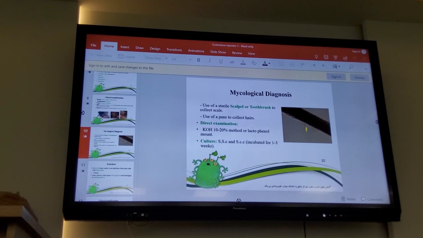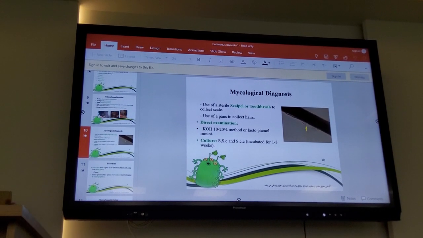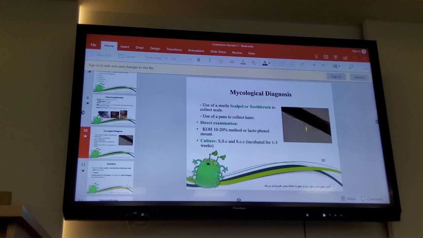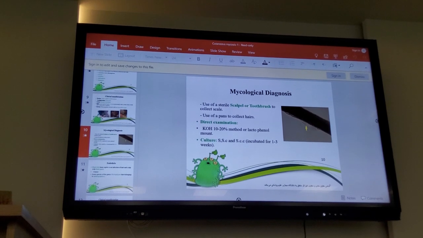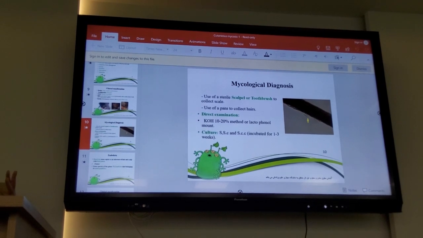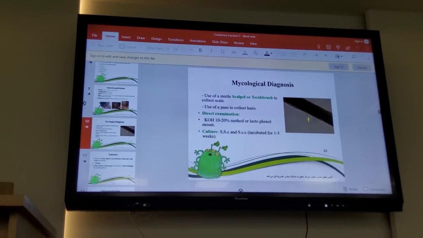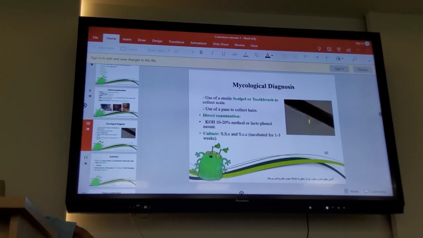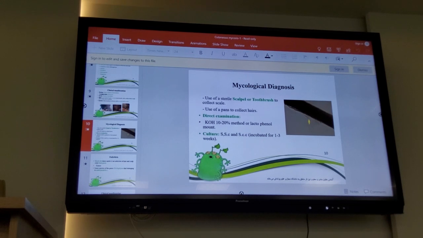You must culture it and keep it at 25 to 27 degrees centigrade in the laboratory for at least 1 month, or 4 weeks. After that, you can check the media to see if any colony grows.